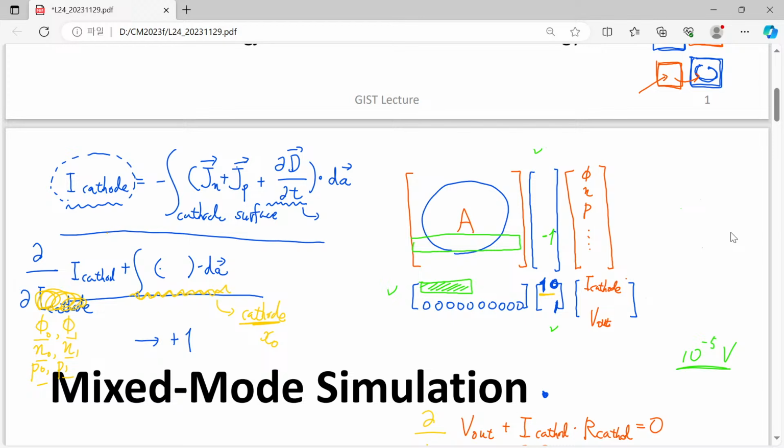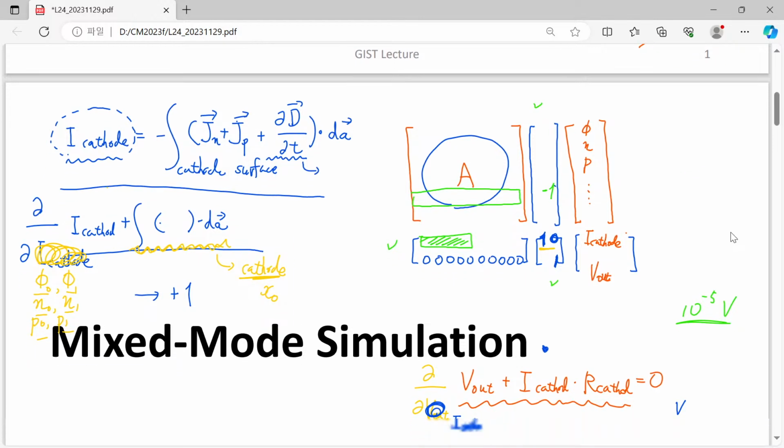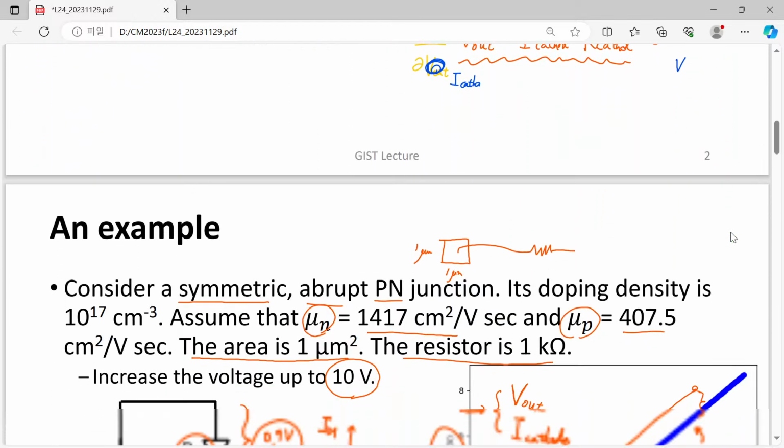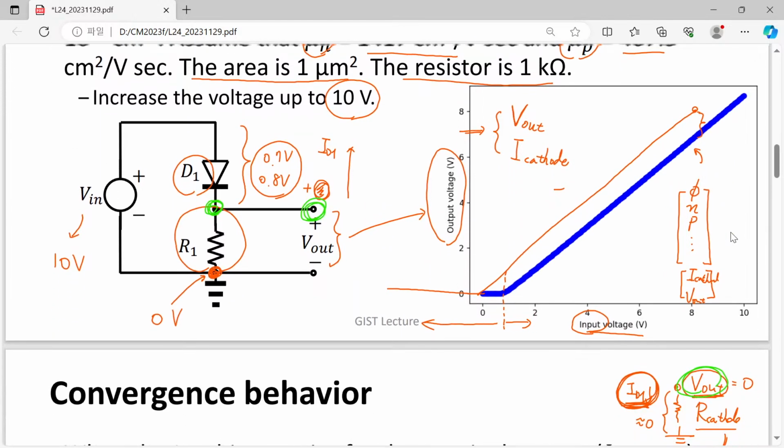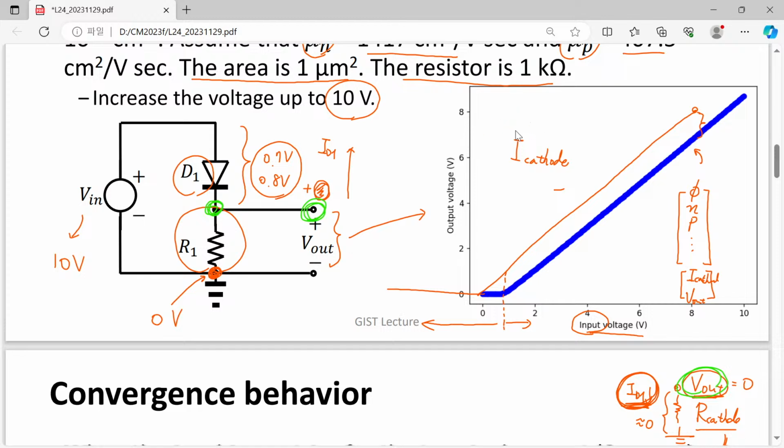So please note that even when we consider this much more complicated system than a single diode or single PN junction, when you implement it correctly, its convergence behavior is not that bad. The convergence behavior simply becomes a good indication of your implementation.